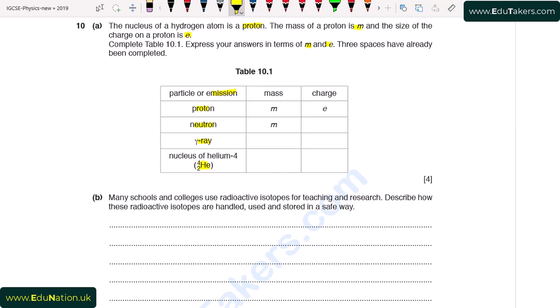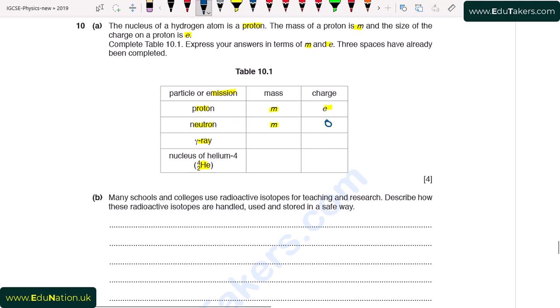Proton has mass m and charge e. Similarly, the neutron has mass m, and we know that the neutron is neutral. It does not have any charge, so the charge here will be equal to 0. Next is gamma rays.